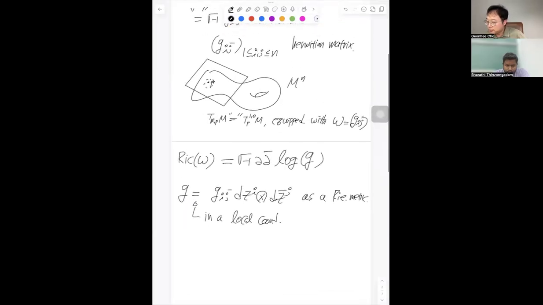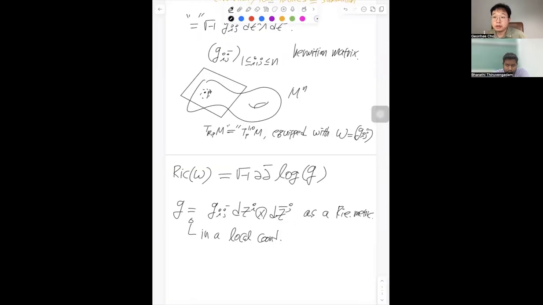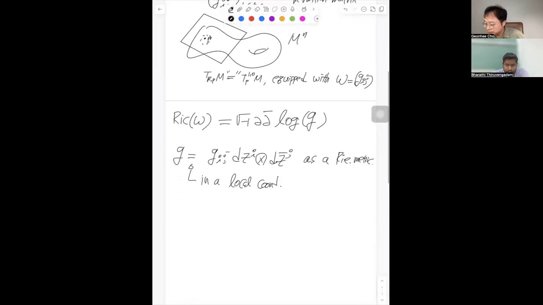From this description, what you can notice is this. If you look at this omega and write it out, as we already explained, it is written like this. In this description, you can see that there are two differential forms, and of course we have a wedge product, so that these two take two vector fields.